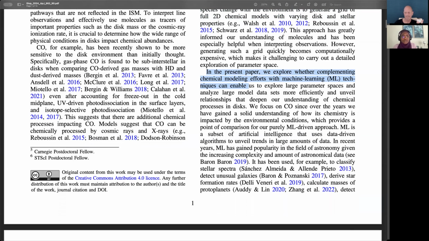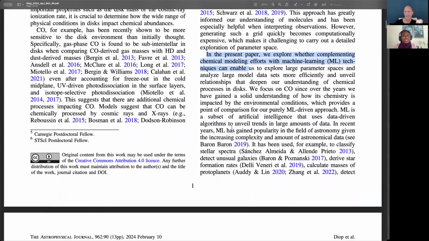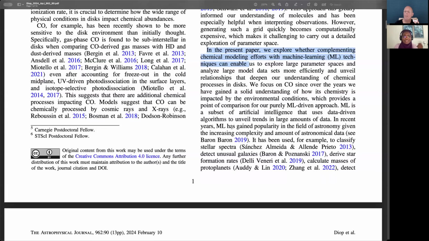To tackle this, we focus on one molecule as a test case, and this has been CO. The reason why we chose to work with CO is because it's a molecule that's abundant in disks and easily detected in the submillimeter, and we use it to probe a lot of quantities, including disk mass, turbulence, etc. And what we found with CO is that its chemistry is more interesting in disks than we initially expected.